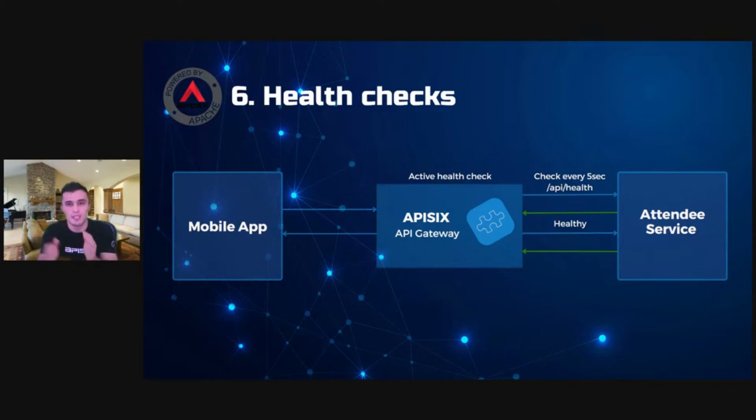It doesn't matter. In our case, .NET, for example, API Gateway can periodically request this health endpoint to identify if this upstream service is available and ready to serve our requests. Maybe you can test every 5 seconds. You can specify how frequently the API gateway checks the health check endpoint of the attendee service.